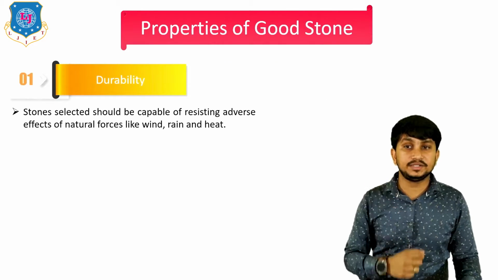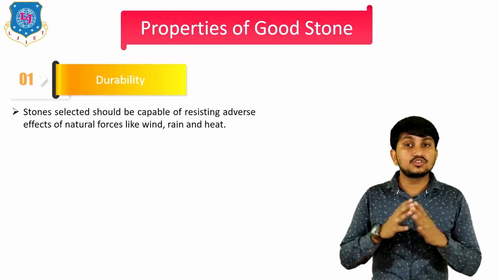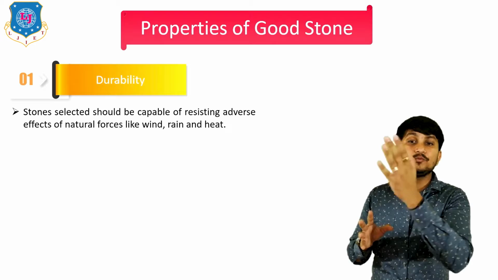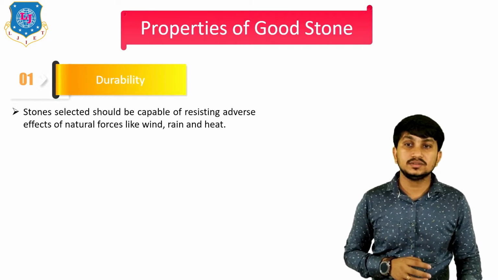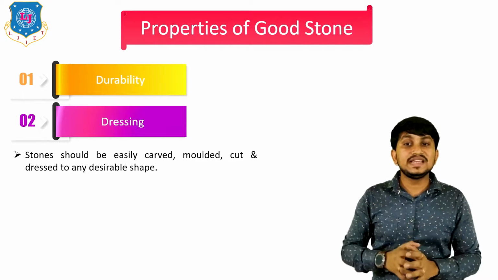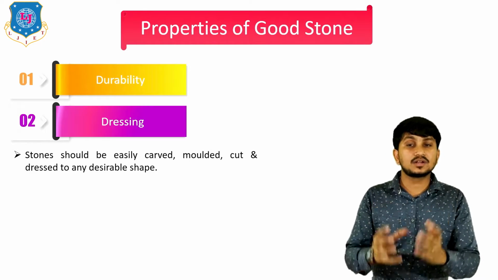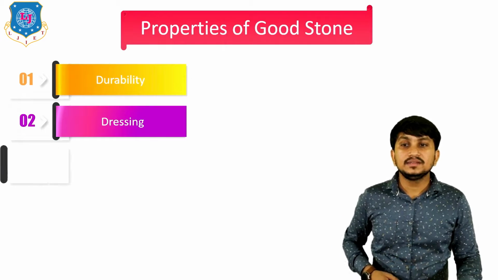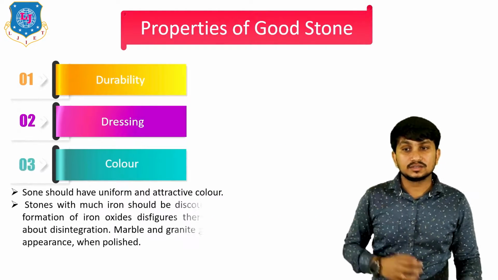First is durability. Stones selected should be capable of resisting adverse effects of natural forces like wind, rain, heat, etc. Second is dressing. Stones should be easily carved, molded, cut, and traced to any desirable shape. Third is color.